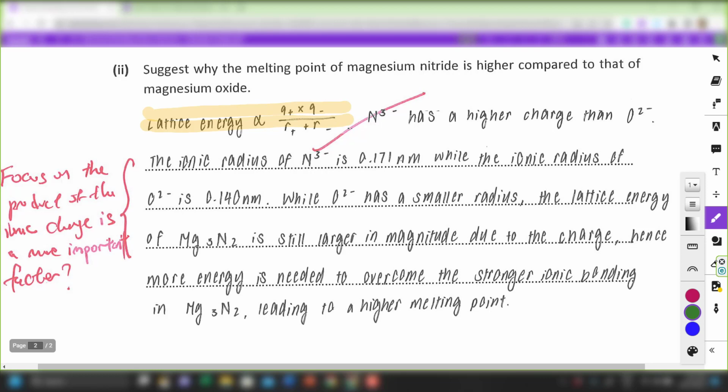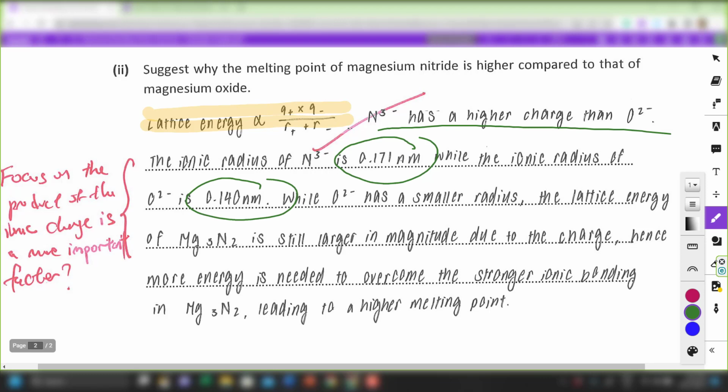You notice that nitride has a higher charge as compared to oxide, so the product of the charges for magnesium nitride will exceed that of magnesium oxide.